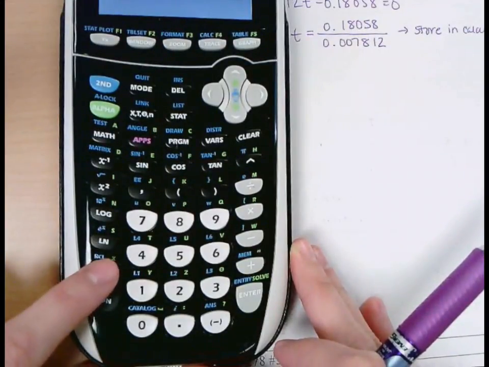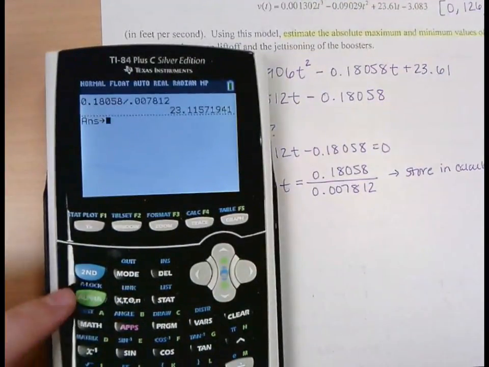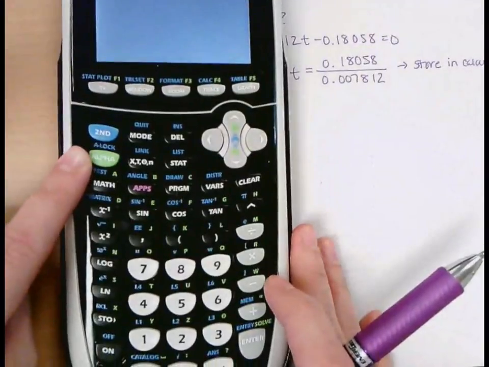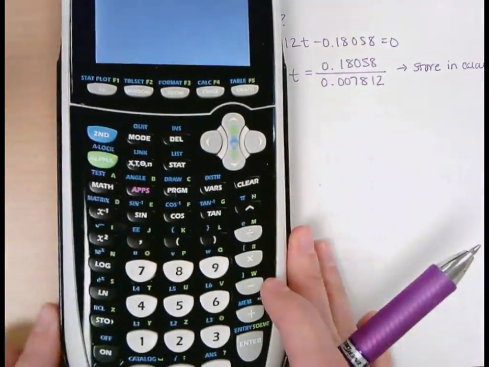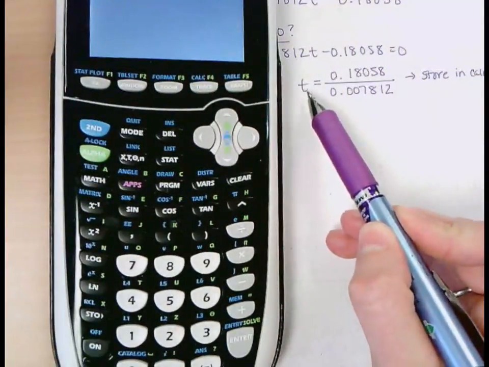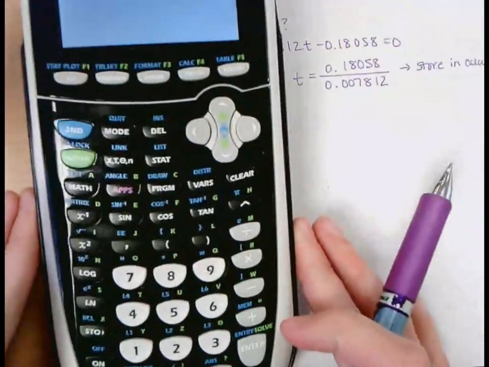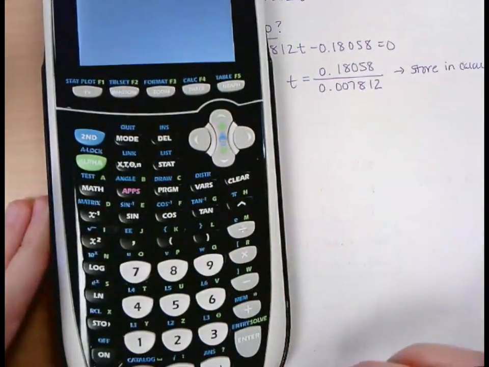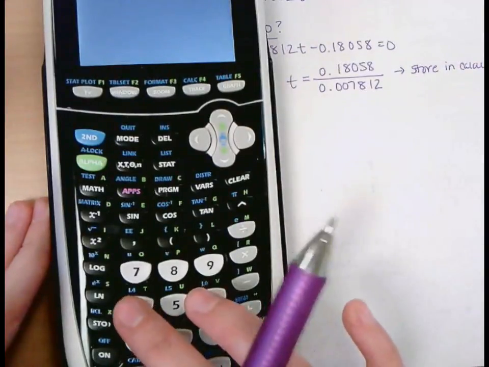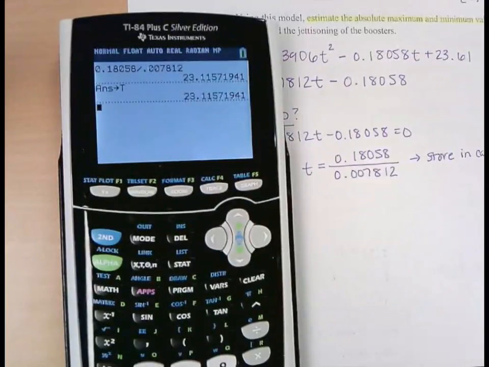If you hit that, it'll take your previous answer and store it. Then hit the alpha key, and then whatever letter you want to store it as. Because I have T here, I'm going to store it as T, but it's up to you. Hit enter, and now anytime I do alpha 4 for T and hit enter, it'll give me that value.